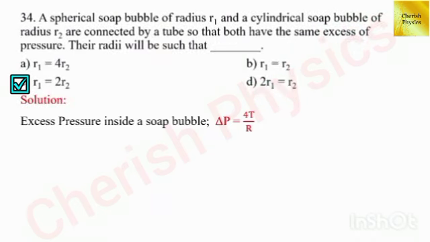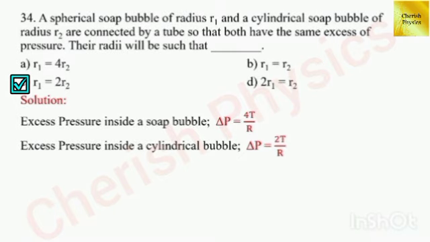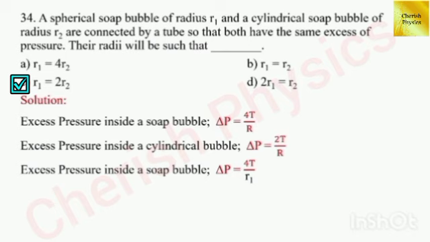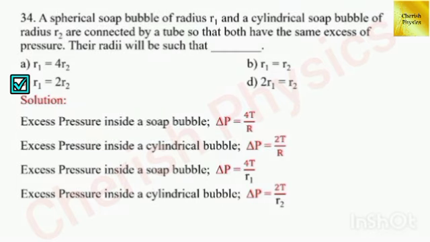We know the formula. Excess pressure inside a soap bubble delta P equal to 4T divided by R and the excess pressure inside the cylindrical bubble is delta P equal to 2T divided by R. On writing the formula with the given radius R1 and R2, we get excess pressure inside a soap bubble delta P equal to 4T divided by R1 and the excess pressure inside a cylindrical bubble delta P is equal to 2T divided by R2.